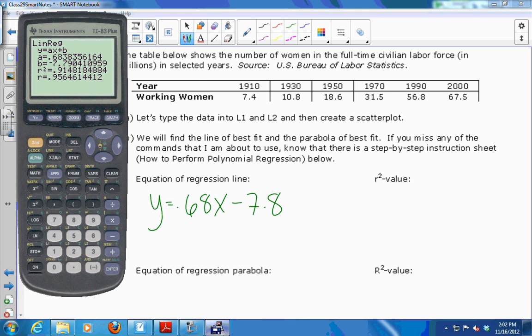And I'm going to use the r squared value instead of the r value. So this is a slight difference from what we learned before. We always looked at the r value. R squared and r are related in that r squared is what you get when you square r. So they're very closely related.